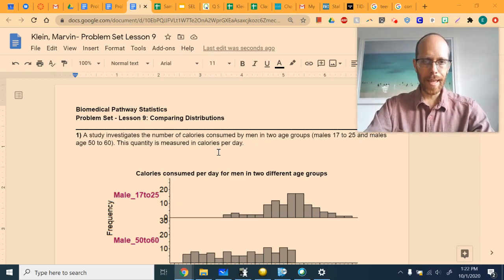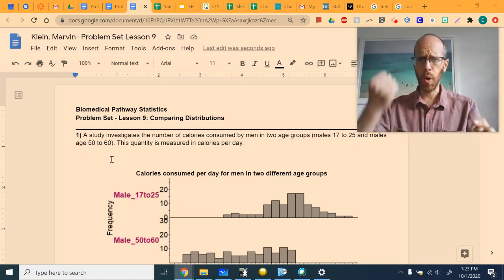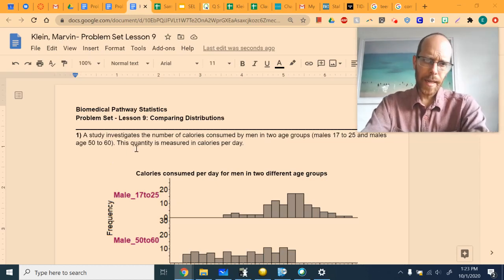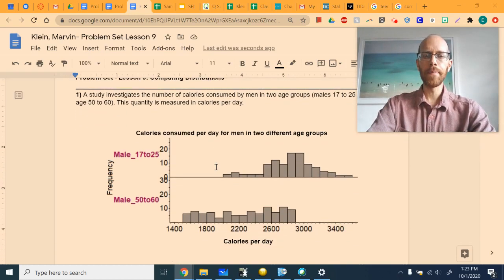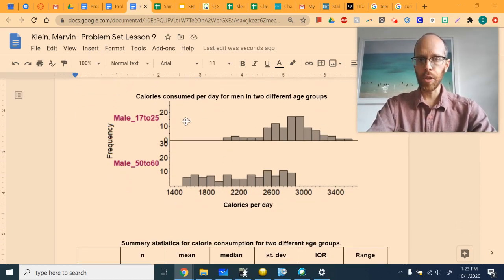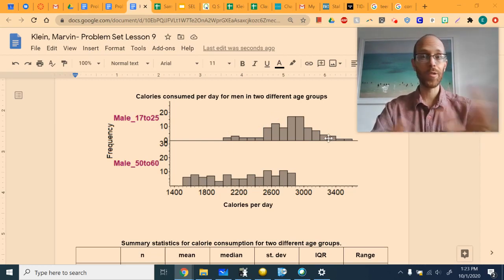A study investigates the number of calories consumed by men in 2 age groups, males 17 to 25 and males age 50 to 60. So young men, old men. This quantity is measured in calories per day. All right, we got a couple of distributions here. As I'm looking at it, I'm noticing some things, right? I'm looking at the young men's distribution and saying that looks pretty darn symmetric, no skew.